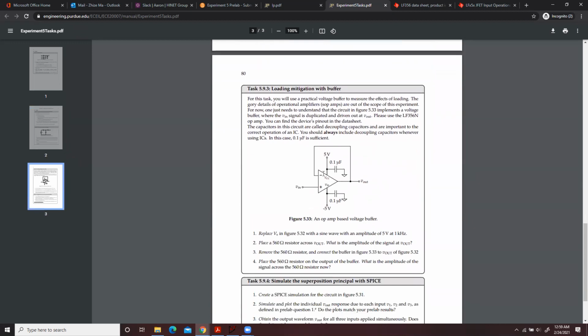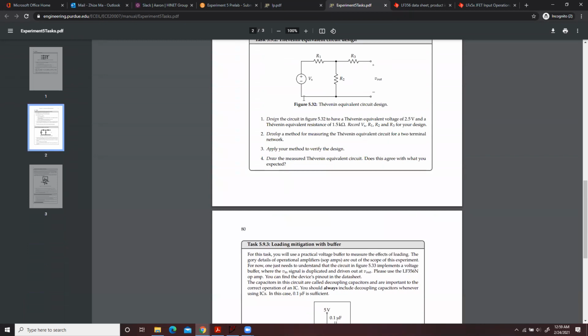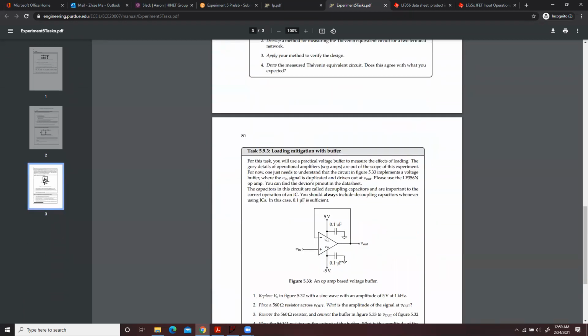And then task 3. This task continues with task 2. So remember, don't unplug your circuit after you finish this part.